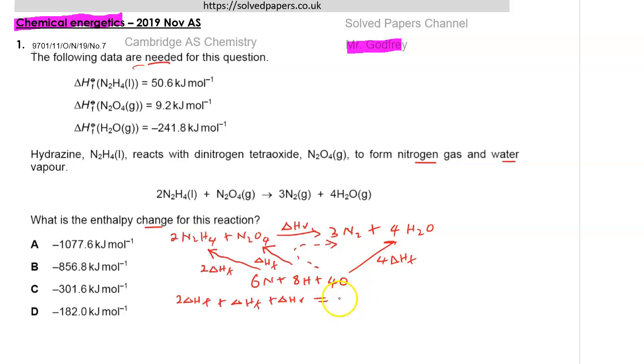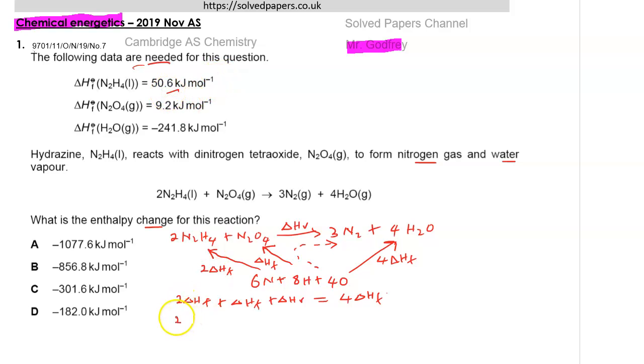This would be equal to 4 times the enthalpy of formation of water. So what is the enthalpy of formation of hydrazine? We are given that here.